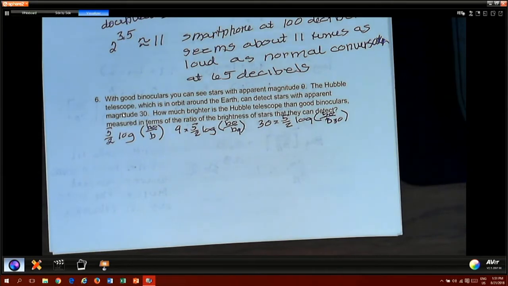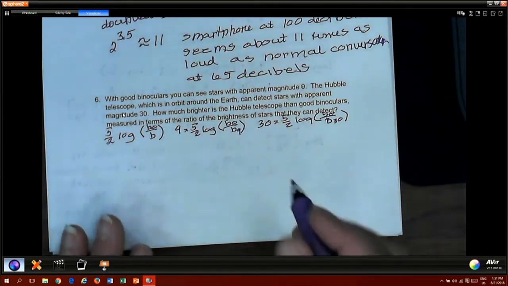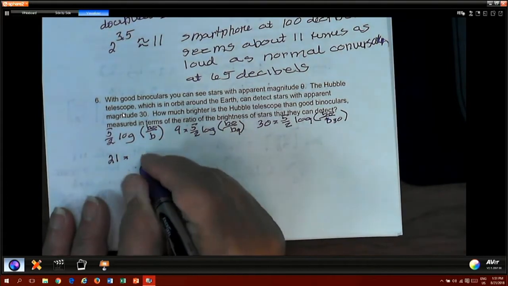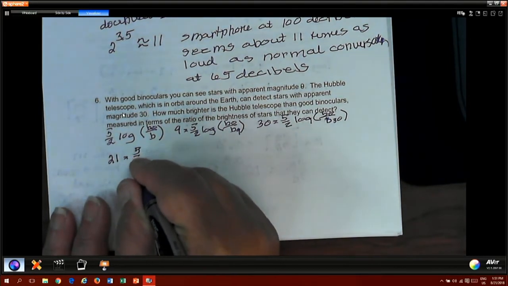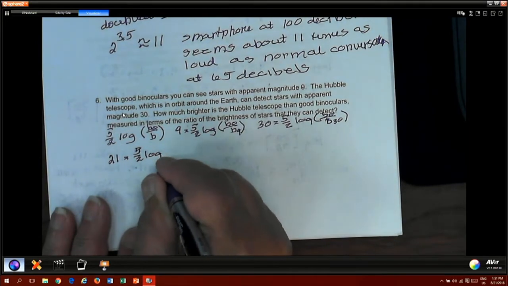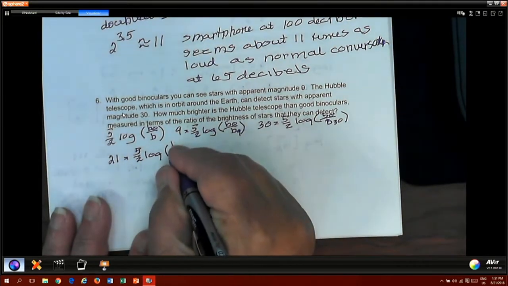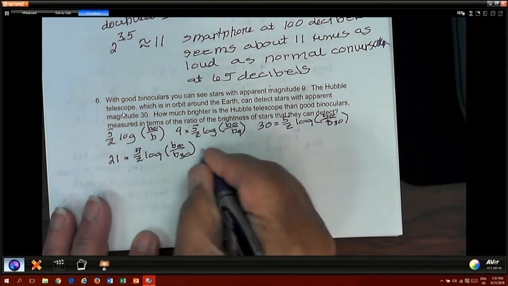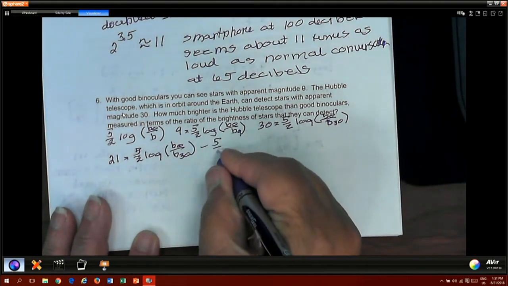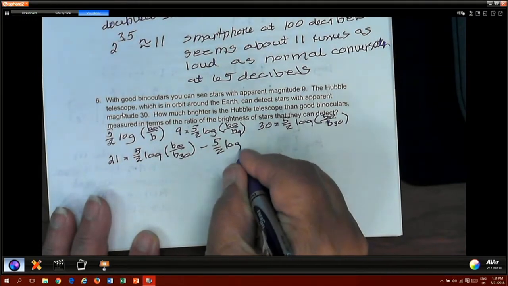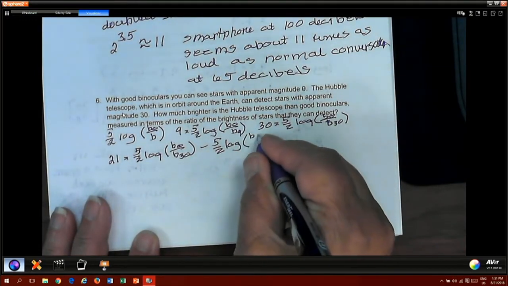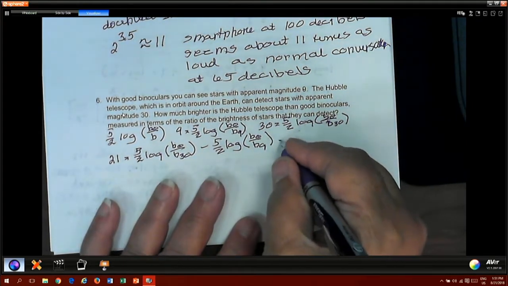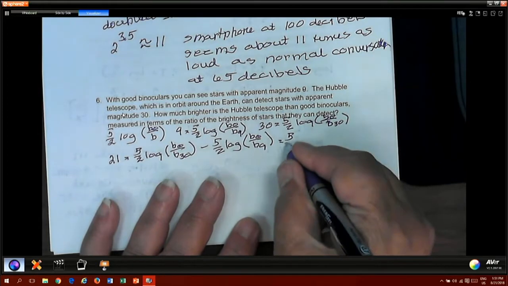So if we subtract them, 30 minus 9 is 21. 5/2 log b sub 0, b sub 30 minus 5/2 log b sub 0, b sub 9. We can factor out the 5/2.